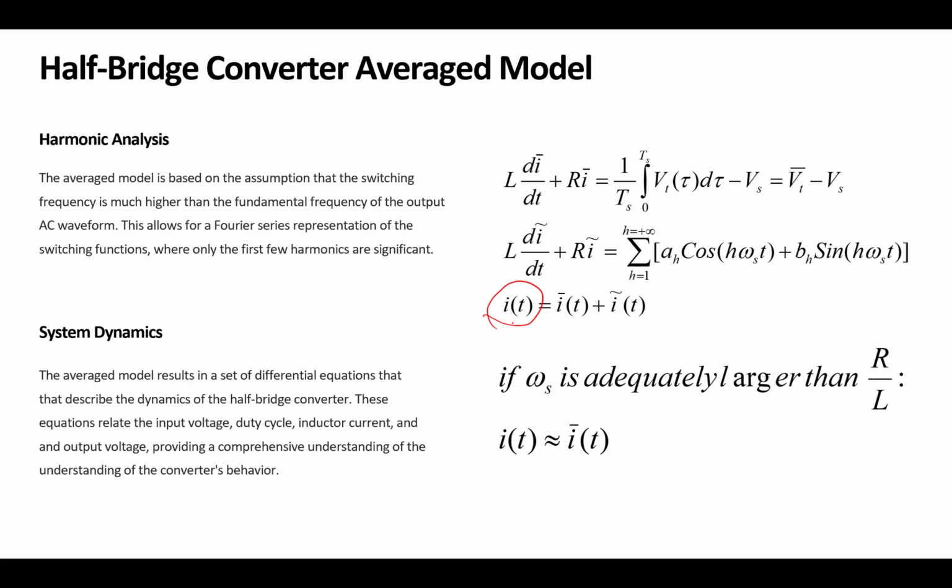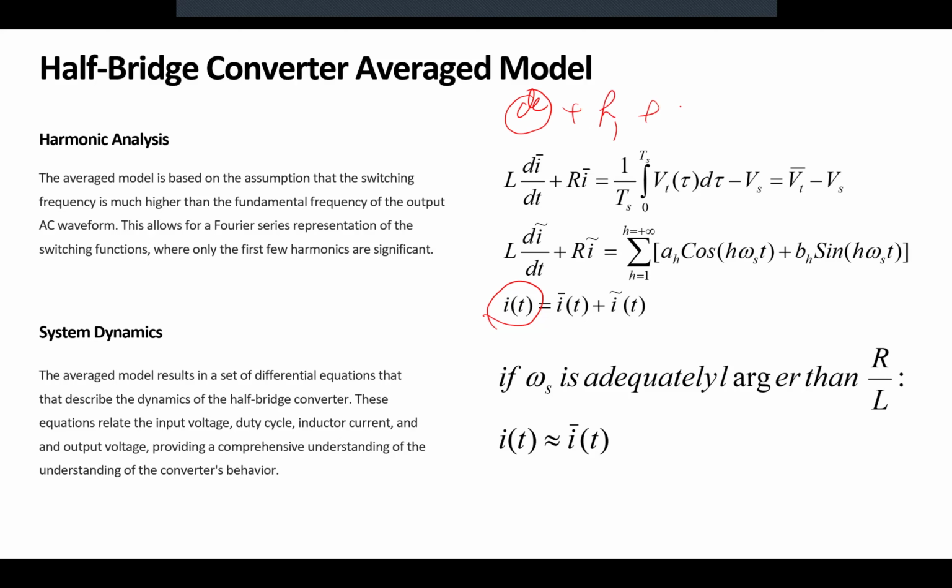Now, I want you to be careful about that. Before, we had the main component, the DC component, plus the fundamental, plus all the harmonics, f of h, for example. It doesn't mean that this one is exclusively contributing to the average part, and this one is only contributing to the alternating part.